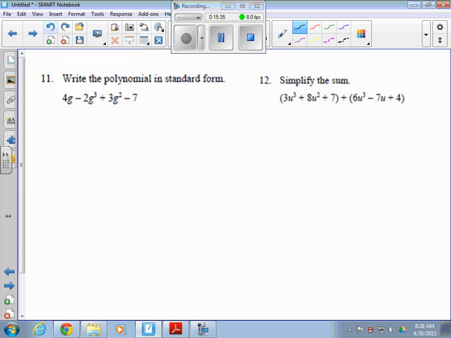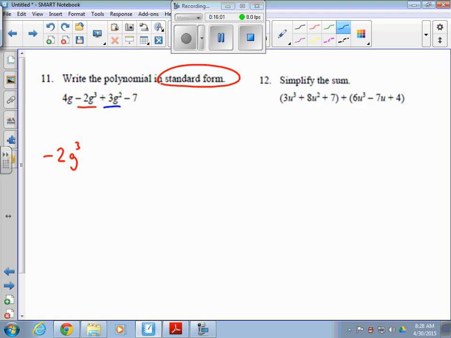Number 11 says to write it in standard form. Remember, standard form means put the largest exponent first and count down, or the largest degree first and count down. This is your largest degree, g to the third. You put the whole term, negative 2g to the third. The next largest degree is g to the second power, this one.